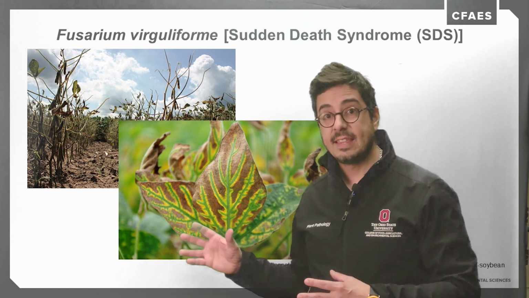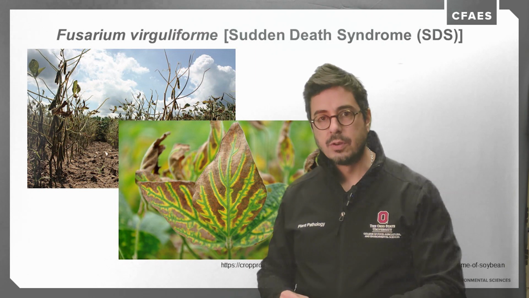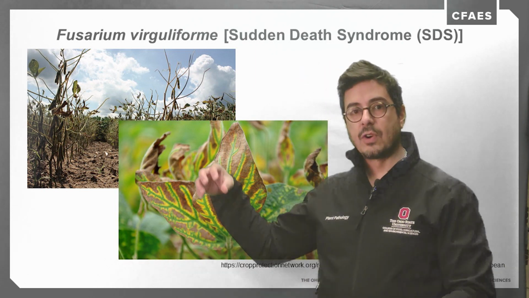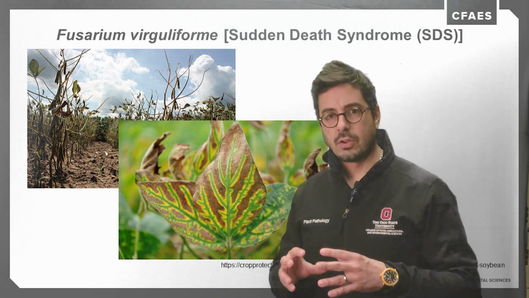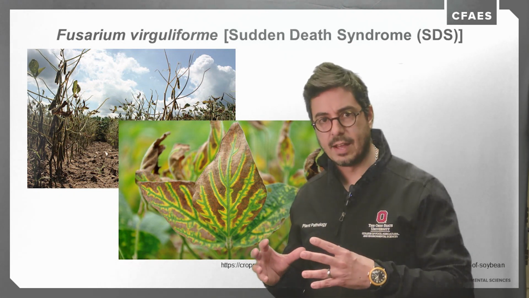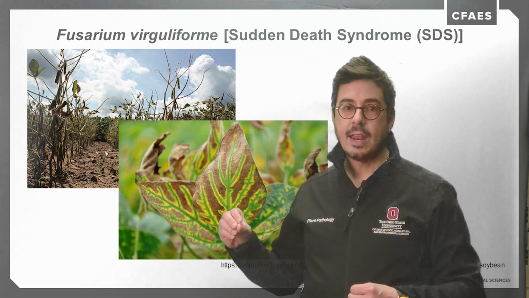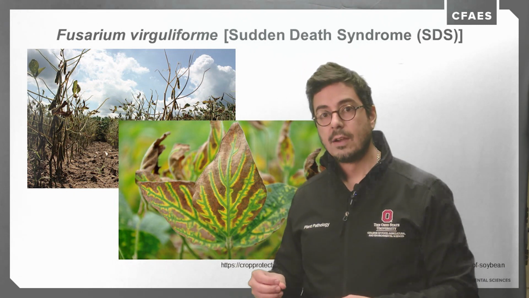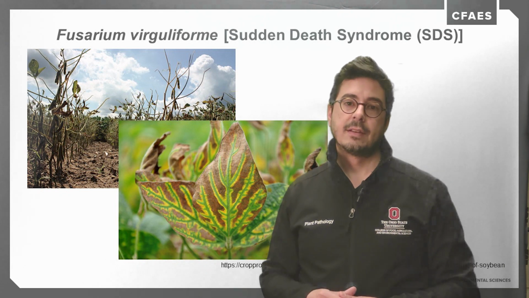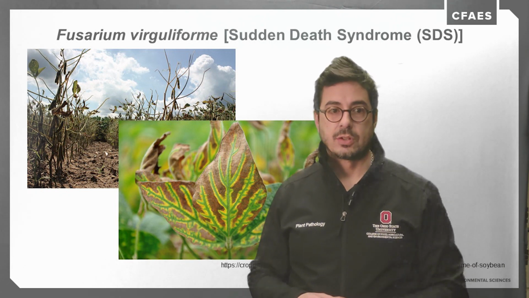The fungus is not in the leaf. The fungus is in the root, producing toxins that are translocated upwards, creating this interveinal chlorosis and necrosis of the leaf area and causing premature defoliation. And that's the second way that this fungus can contribute to yield reduction in our field.